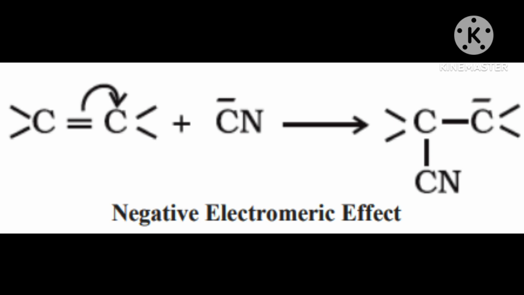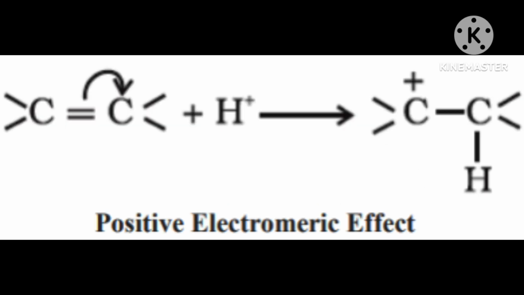There are two distinct types of electromeric effect: first, positive, and second, negative.